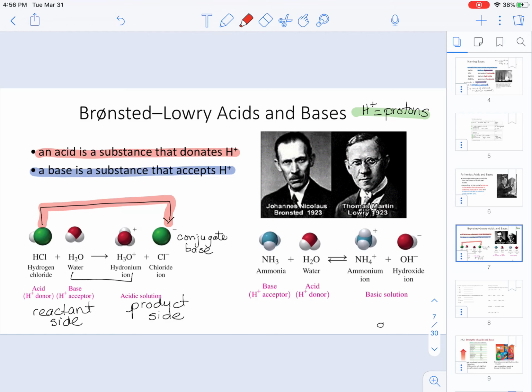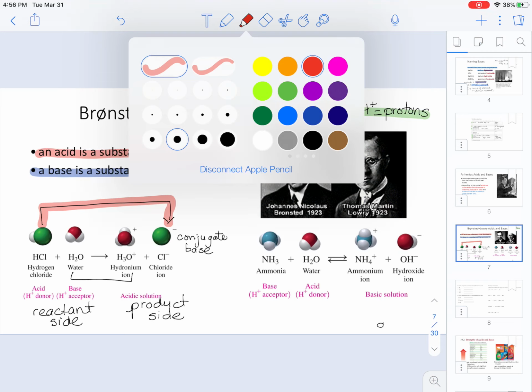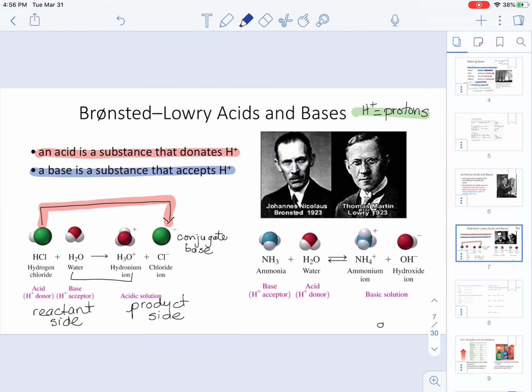In the case of water, because water accepted that proton, the molecule that results from water accepting that proton is going to be the conjugate acid of the base in the reactant.